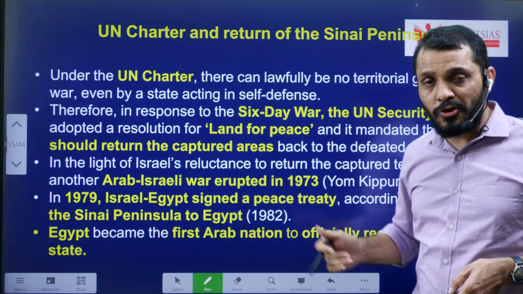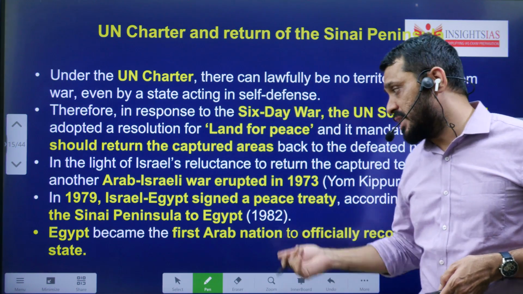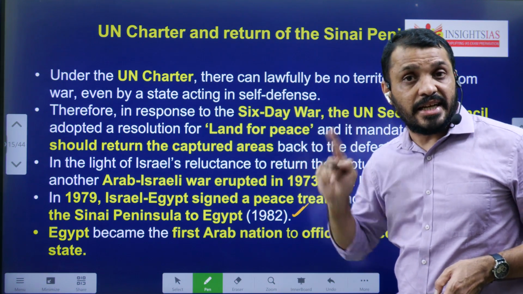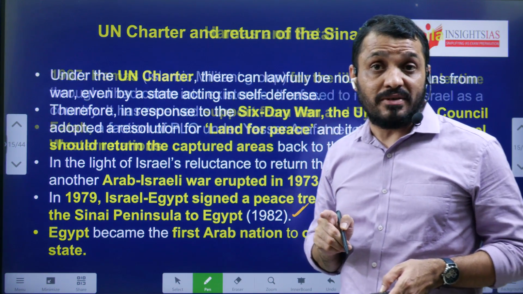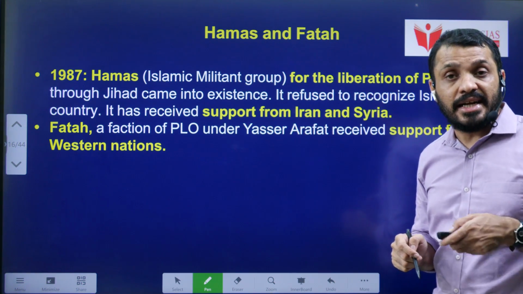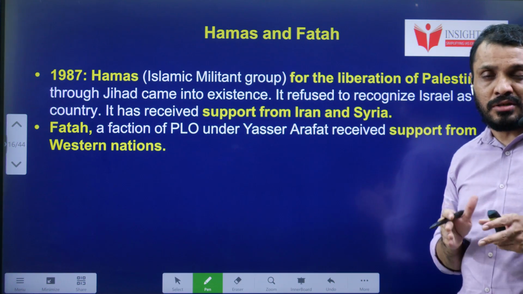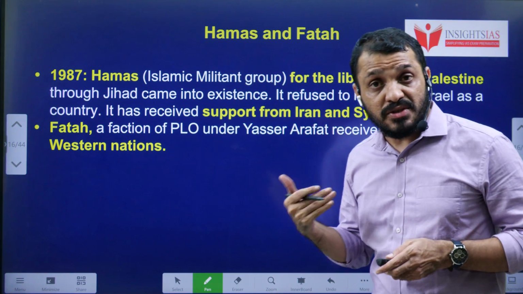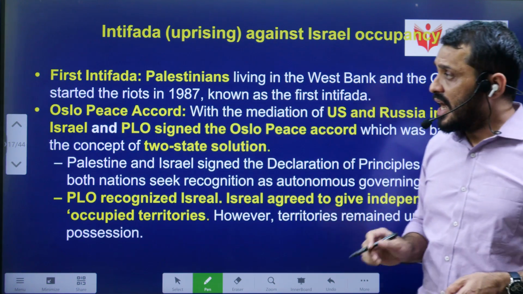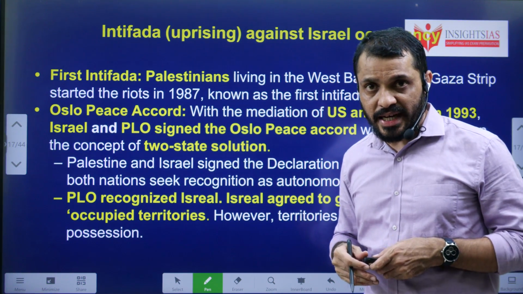Later, with UNO mediation, after the war in 1973, in 1982 Israel agreed to give away the Sinai Peninsula to Egypt. Later in 1987, Hamas, a faction in Gaza, was established, as well as Fatah, a faction in the West Bank. They started fighting for their own rights.